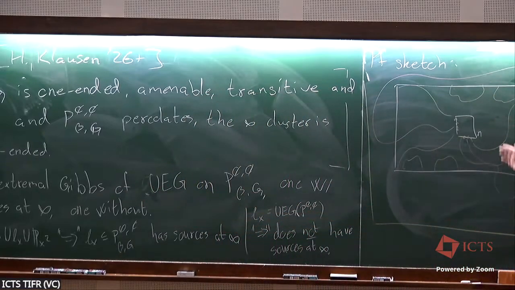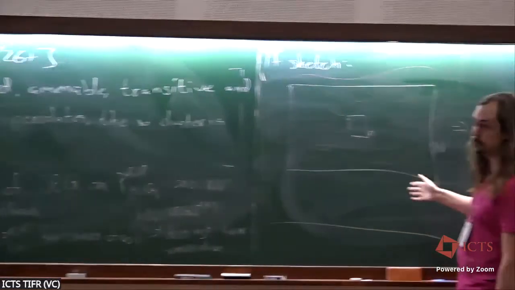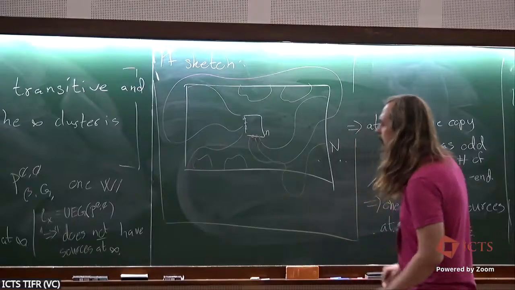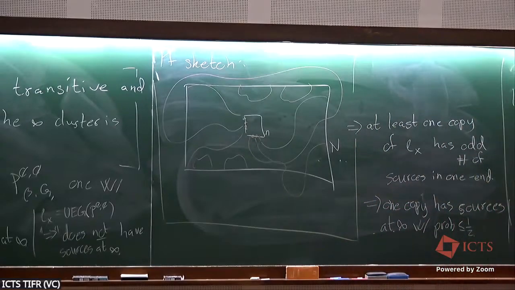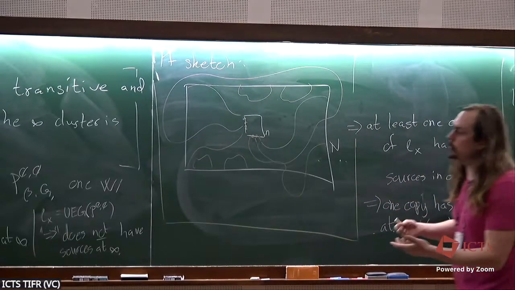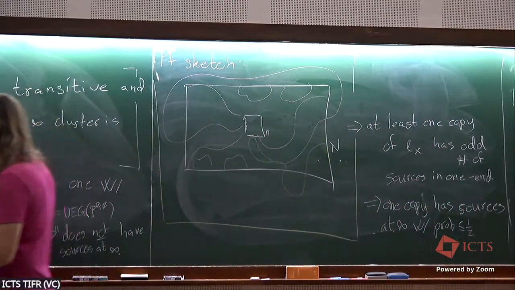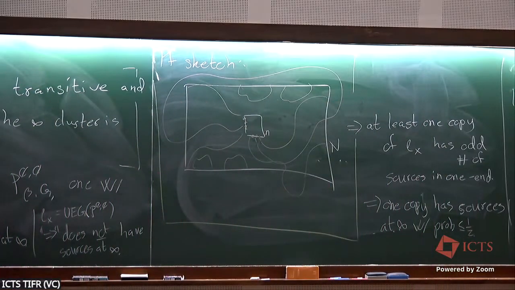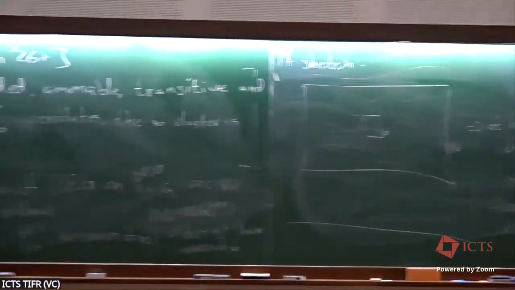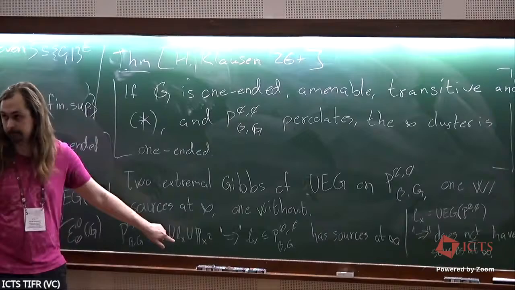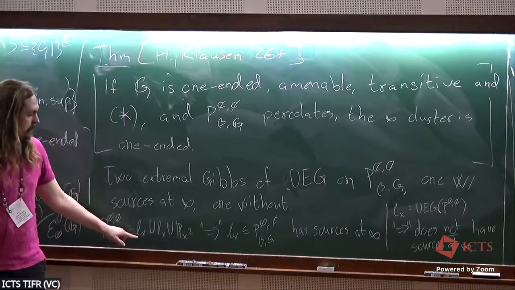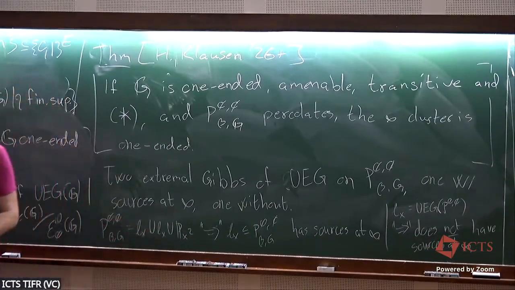Just because you take another set and you see that the parity of sources here must be equal to the parity of sources in the other set. Okay? And ergodicity, so the only conclusion you can really draw from that a priori is that for this guy with probability 1/2, it has sources at infinity under this coupling. But then you're going to say, oh, but the product measure of these guys is ergodic, so therefore the probability is 1.